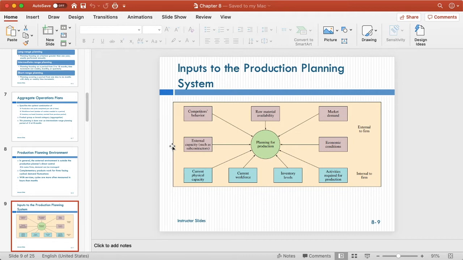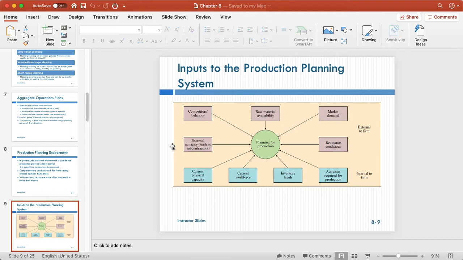Normally, the external factors are hard for you to control. Sometimes you can impact them, but basically they are out of control. But the internal factors are sometimes under control, and you need to figure them out before you can make a better production plan.